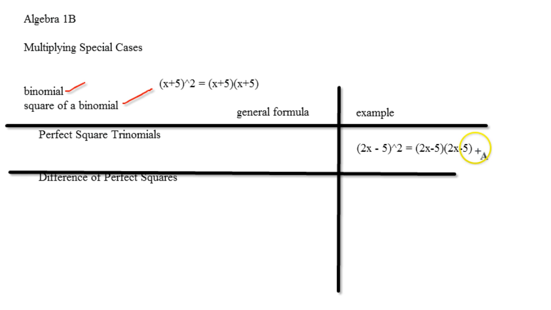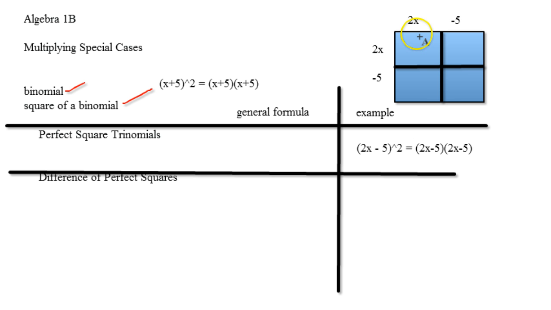Okay? So when we go up and we start doing our Punnett square with it, and yes, I am going to go outside of the actual box I just made to actually do some math. Okay, so this one right here, 2x times 2x is definitely going to be 4x squared. 2x times negative 5 is negative 10x.